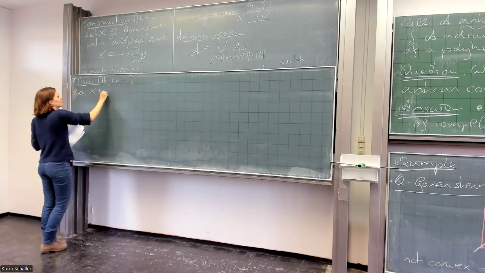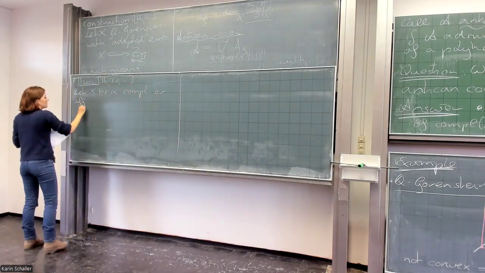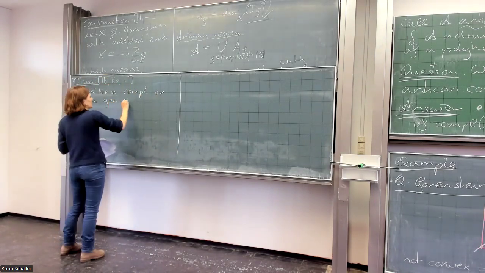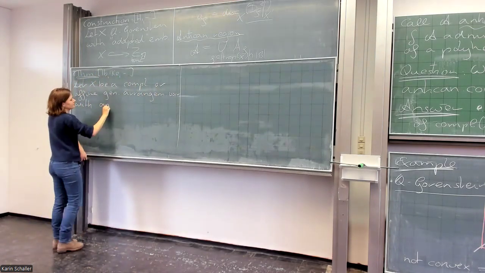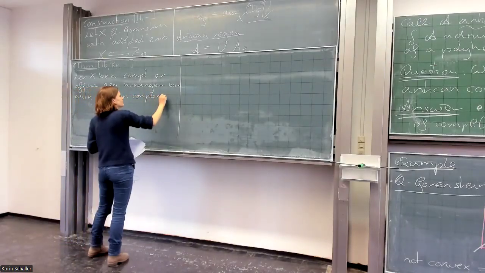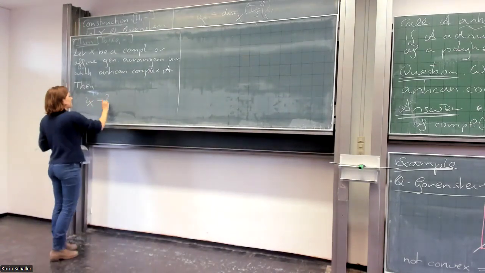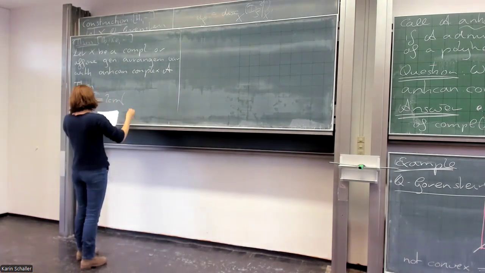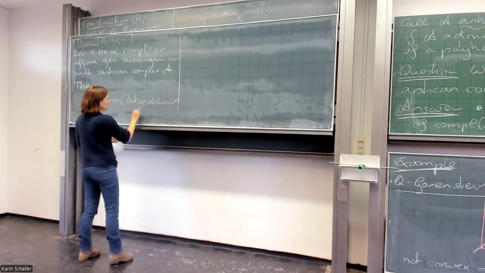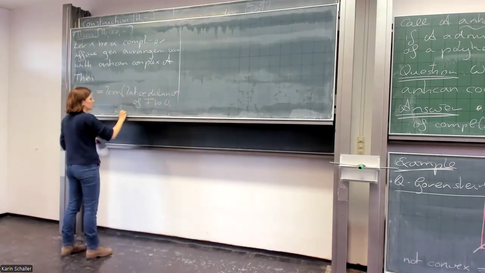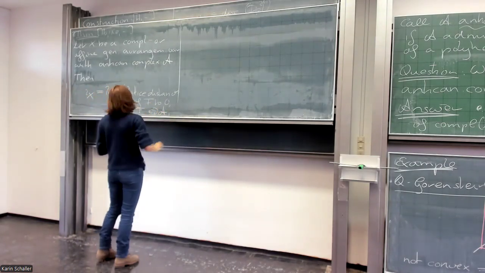Let X be an arrangement variety with anticanonical complex A. Then the Gorenstein index, which we denote by iota X, equals the least common multiple of the lattice distances of F to 0, where F are the facets in the boundary of our anticanonical complex.